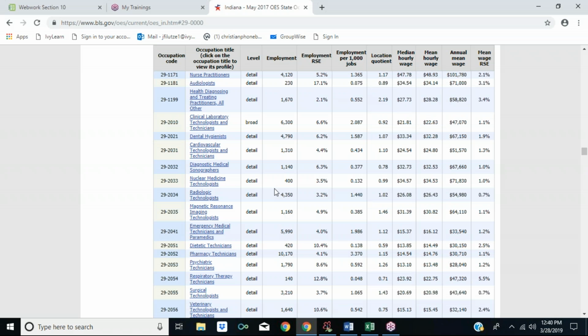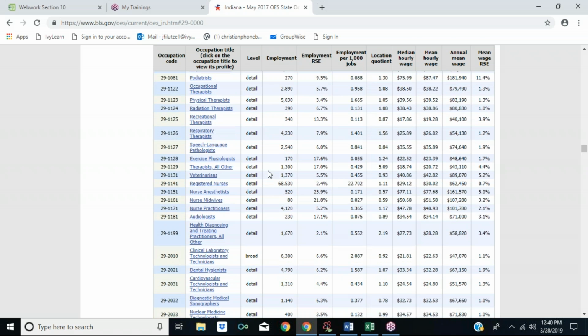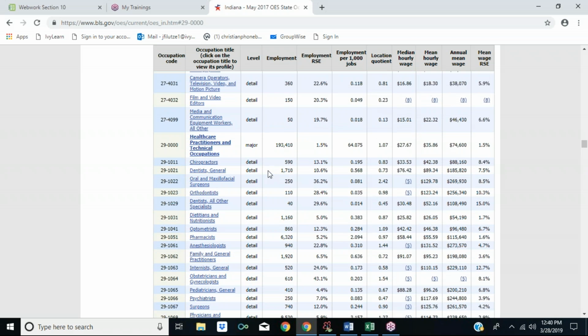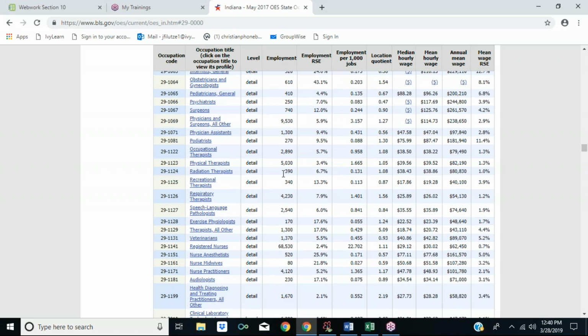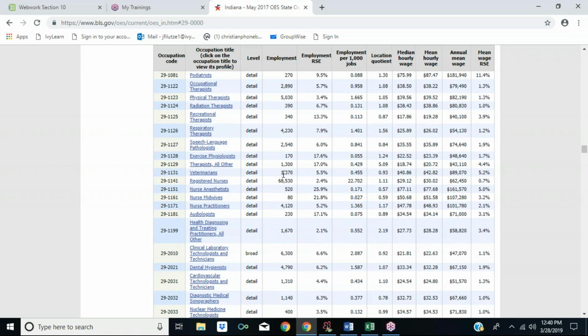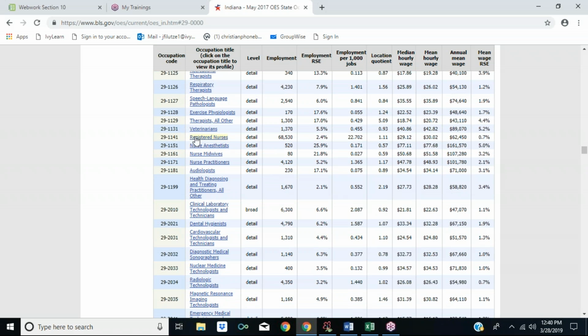So let's see, an RN. So let me see if I can find RN in here. So under healthcare, looking for registered nurse. If you see it, stop me. Oh, right there. Oh yeah, see, nurse anesthetist. Look at the difference if you look at those way out.